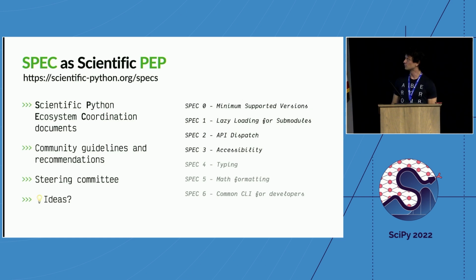There are a few initiatives we've been doing. That was the first one. Then there is the SPEC on lazy loading. Maybe you've heard there is now an official PEP 690, which is going to do some lazy loading. The discussions we were having in the SPEC committee were heard by the PEP people, and so this work influenced in some ways the work that the steering committee was doing.